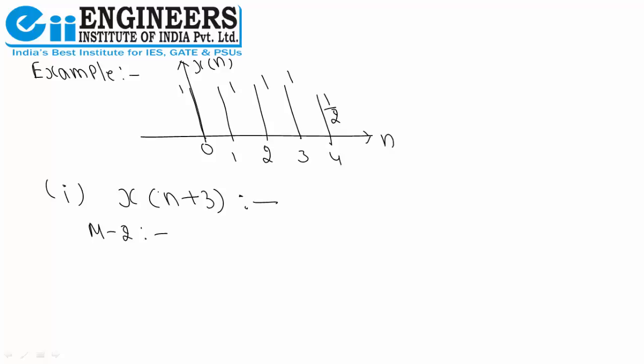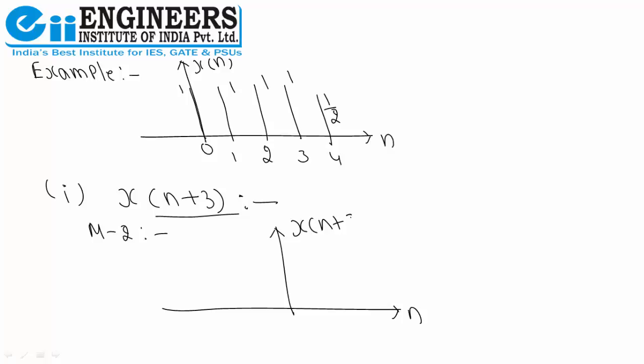First we need to perform the shifting, but here the scaling factor with n is 1, so no need to perform any scaling. This example is directly a shifting operation only. It does not contain any scaling operation. There is a plus sign, so we need to shift left by the amount of 3.